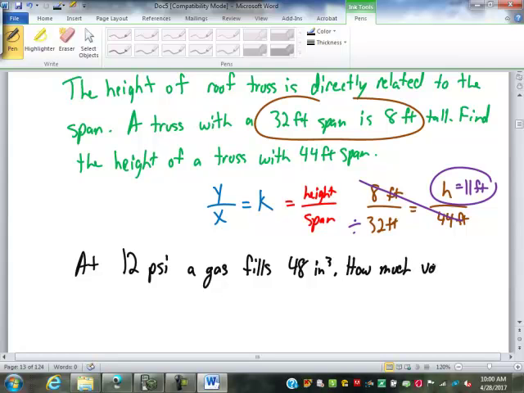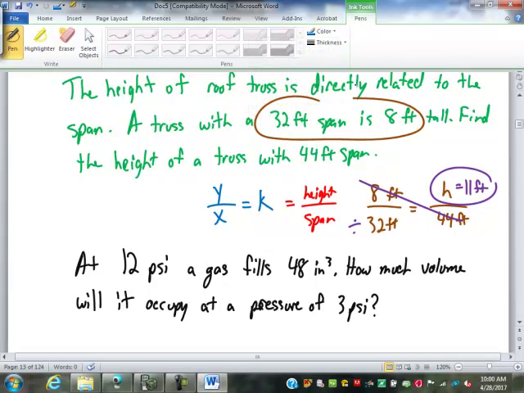How much volume will it need, or will it occupy at a pressure of 3 psi?